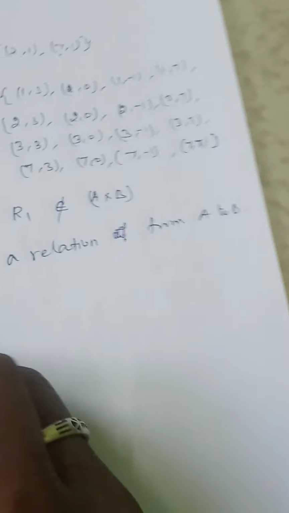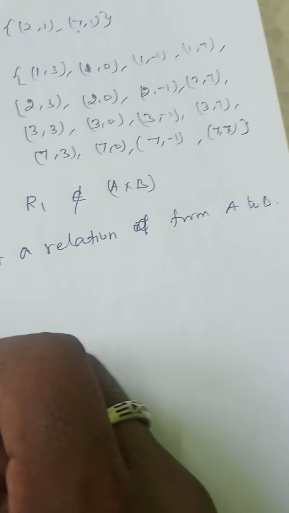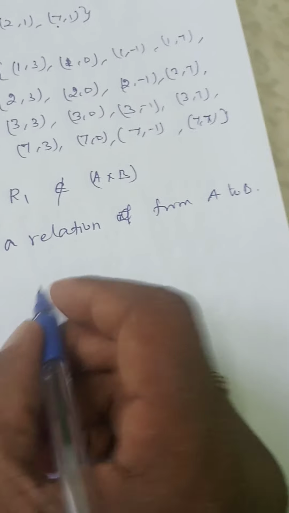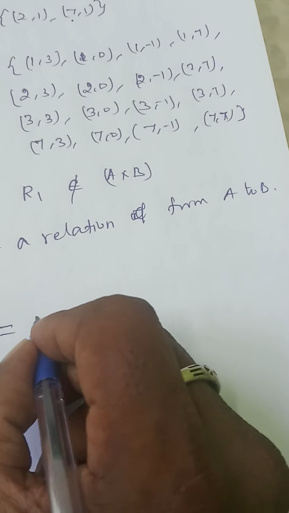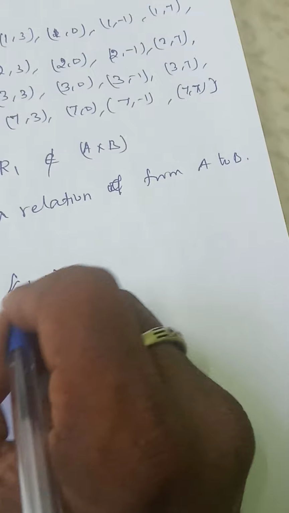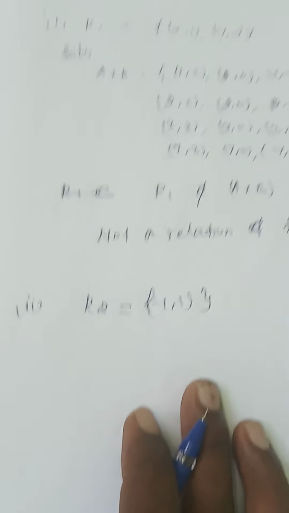Okay, that's all. The second subdivision, the given R2 is equal to {(minus 1, 1), (1, minus 1), (1, 1)}.